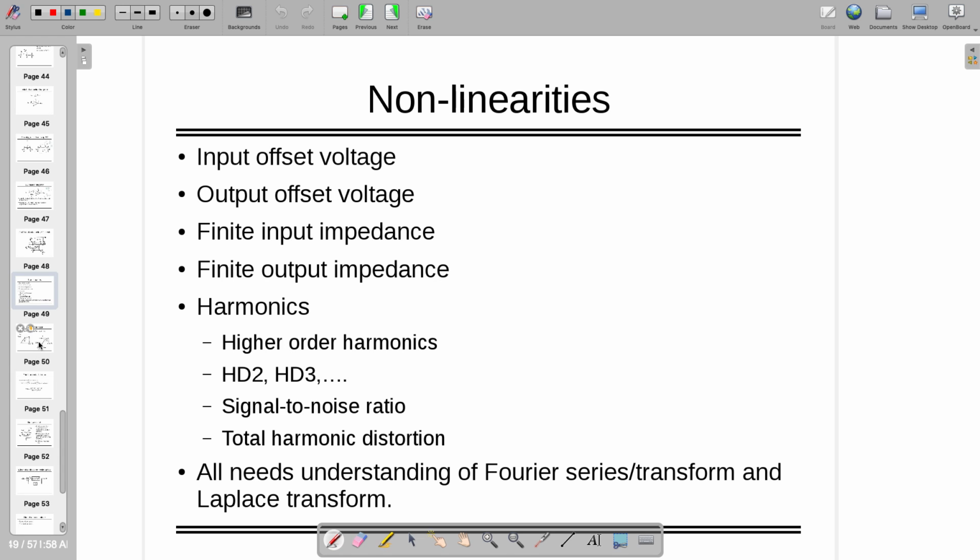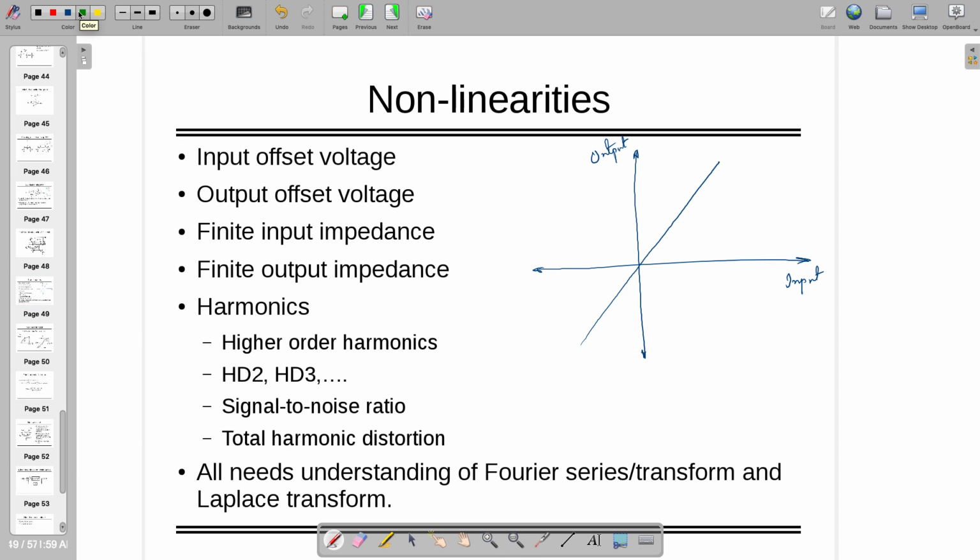Okay, so when we are talking about non-linearities, non-linear things are the ones where you want to see such kind of input and output relation, right?